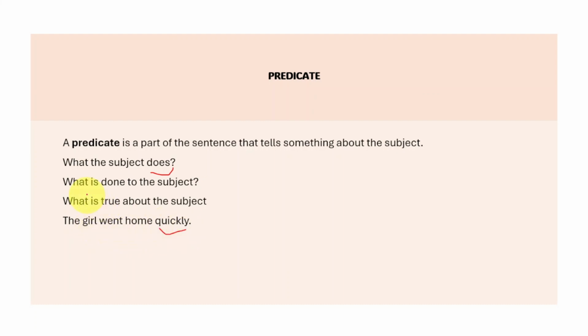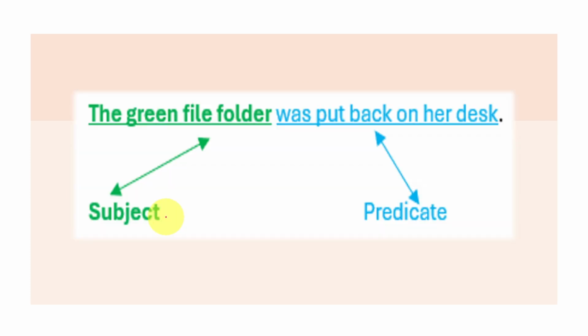Let's see, in case you don't get it. Now, the green file folder was put back on her desk. Again, the green file folder was put back on her desk.